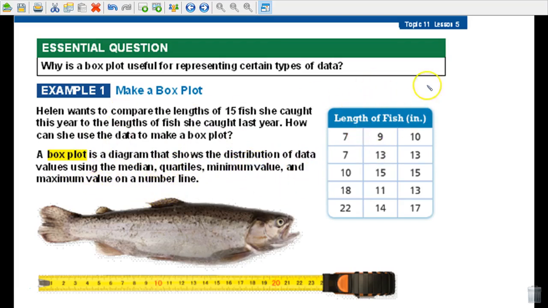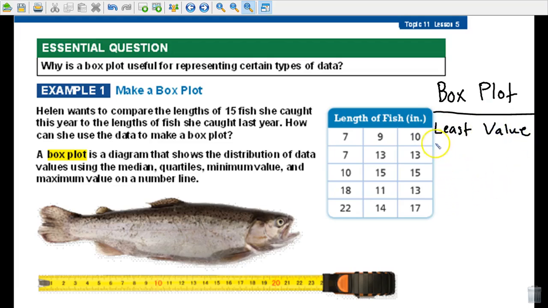Okay, so on a box plot, I've got least value, or minimum value. I like calling it least because it is the smallest value. Then I've got the lower quartile, which we'll get into.